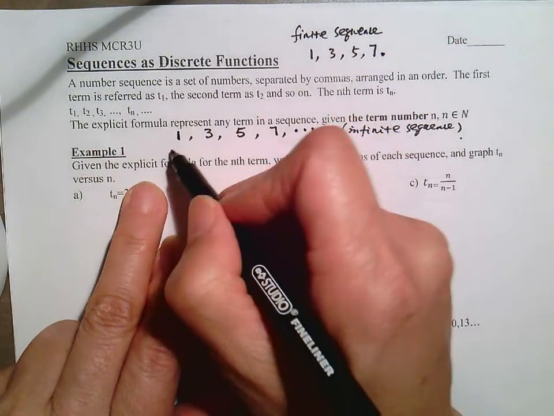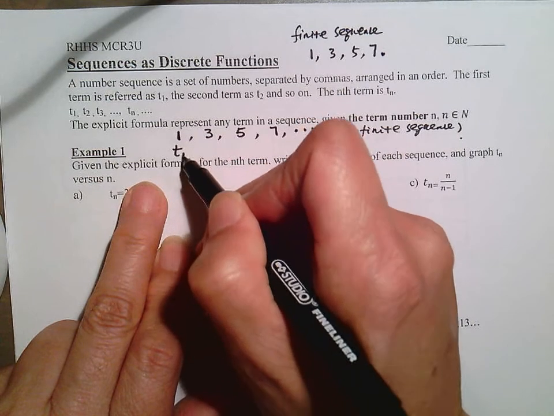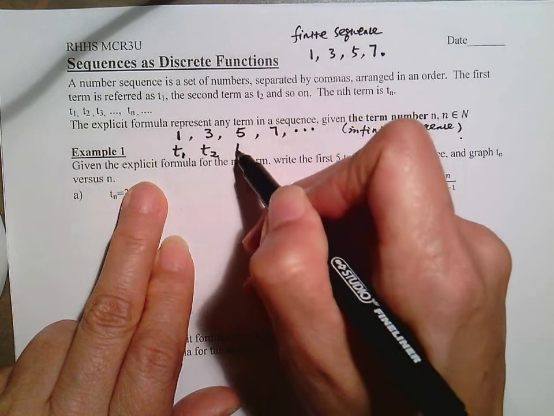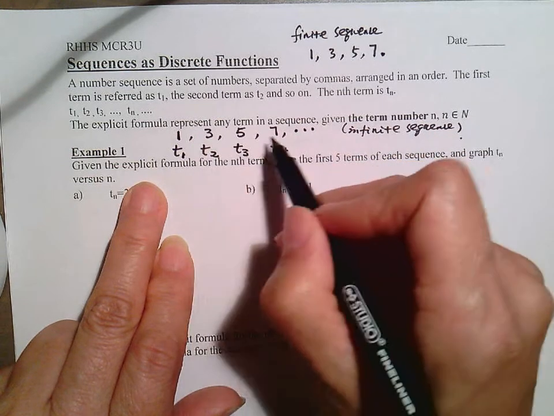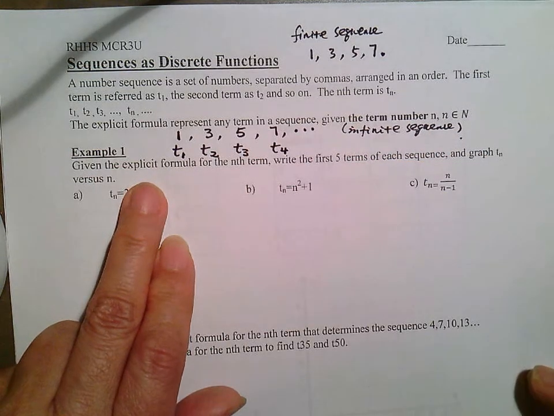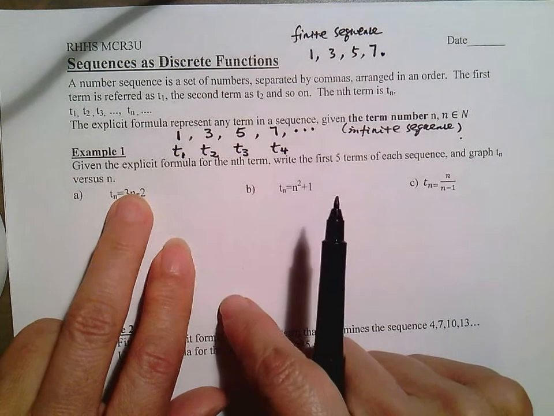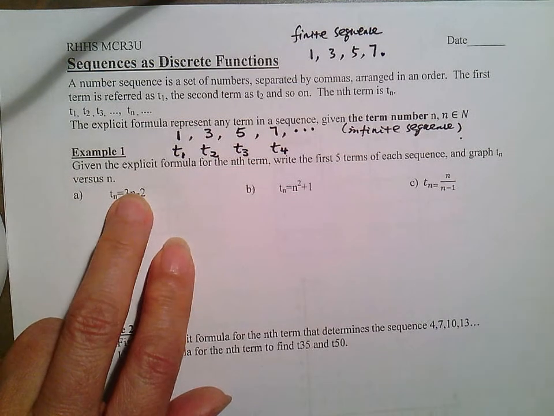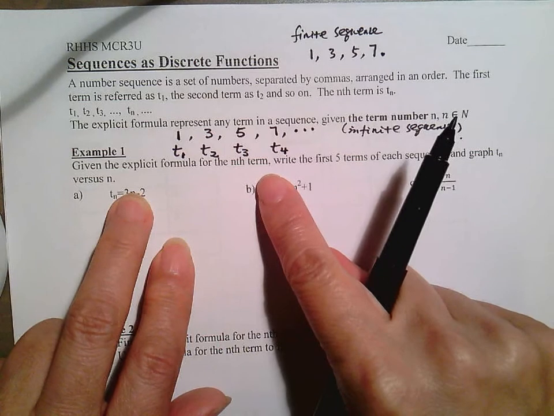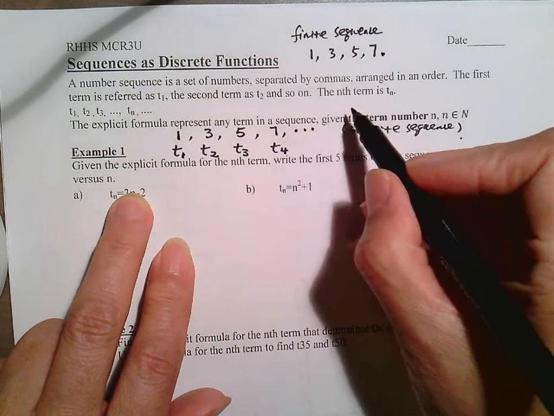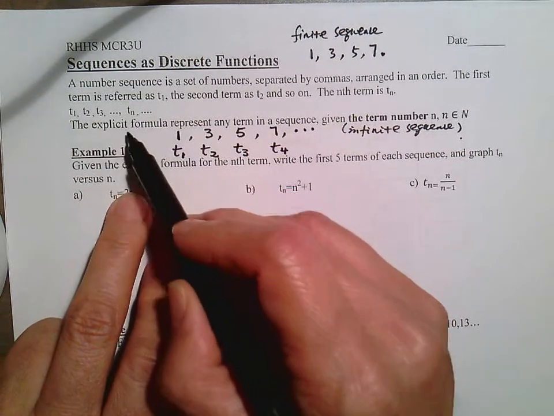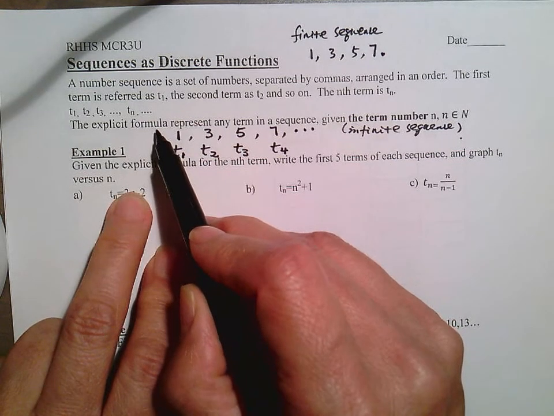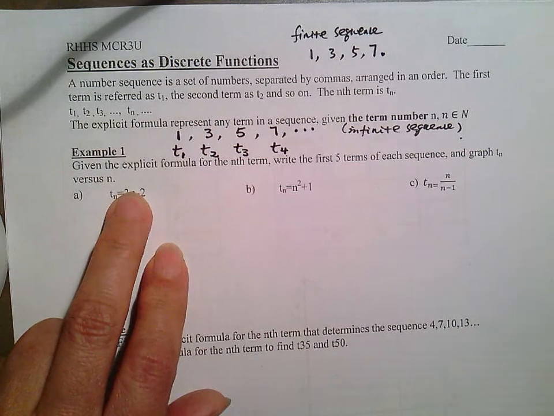Okay, now we say the 1 is our first term, then second term, third term, and fourth term. They are separated by commas. Now, how can we write out the sequence? If we are given an explicit formula, we can write out the sequence.